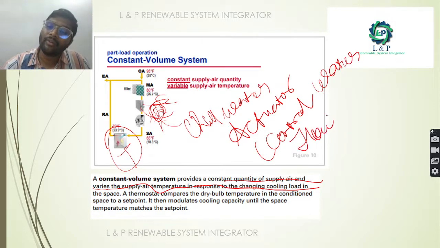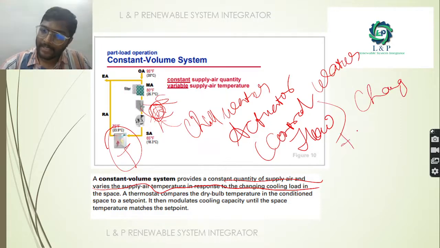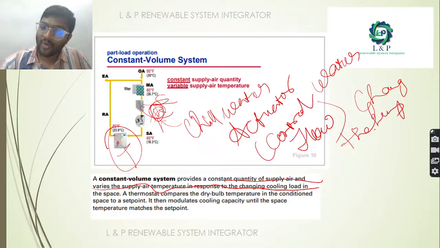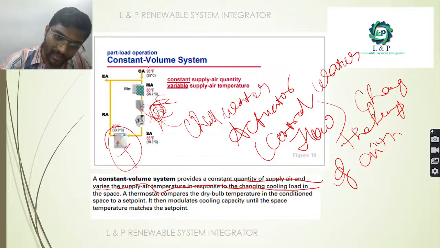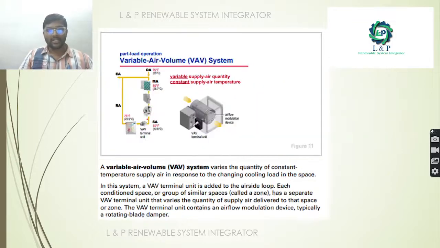By controlling the water flow, we can change the temperature of the air coming from the outside through the filters when it comes in contact with the cooling coil. So with the help of the chilled water, by controlling the actuator valve flow, we are able to change the temperature of the supply air we supply to the conditioned space.